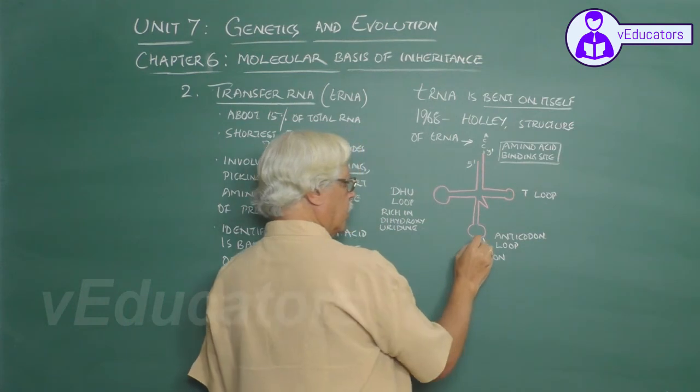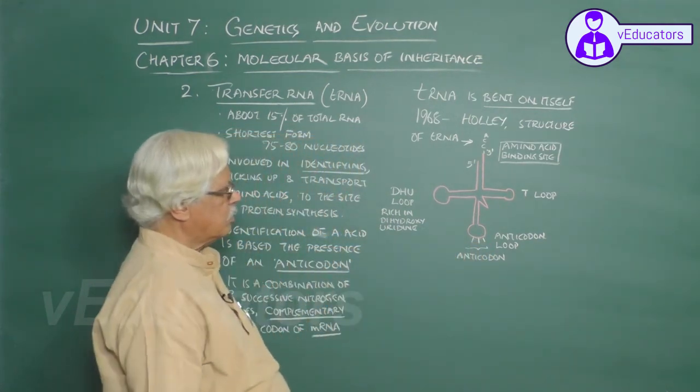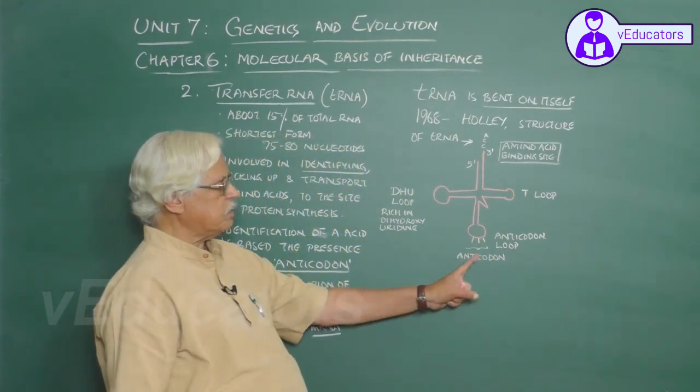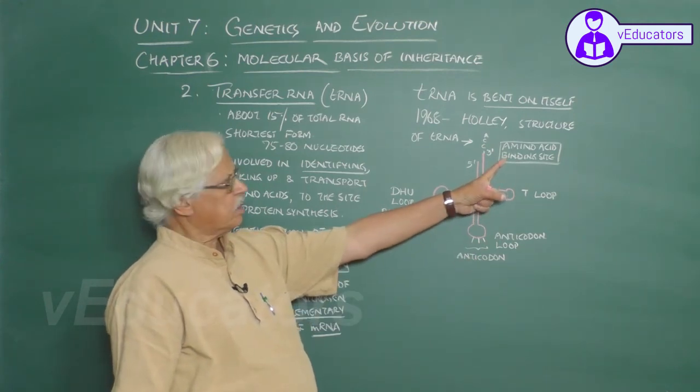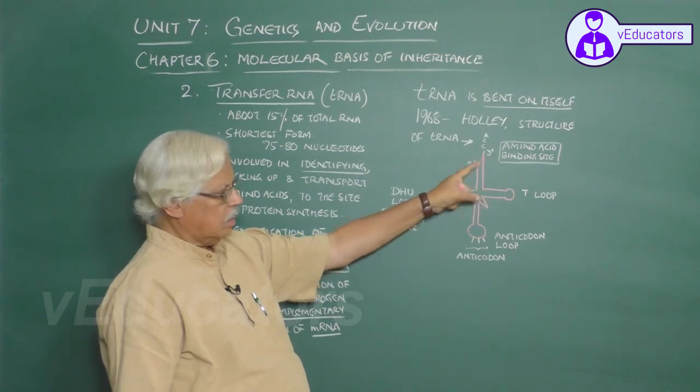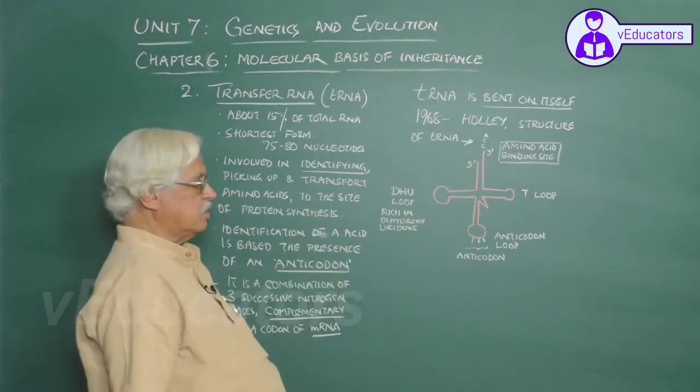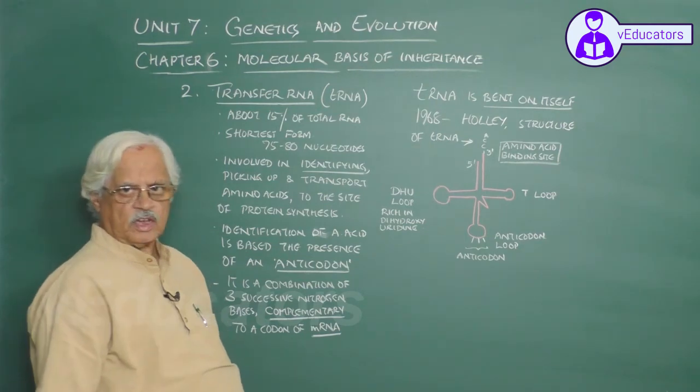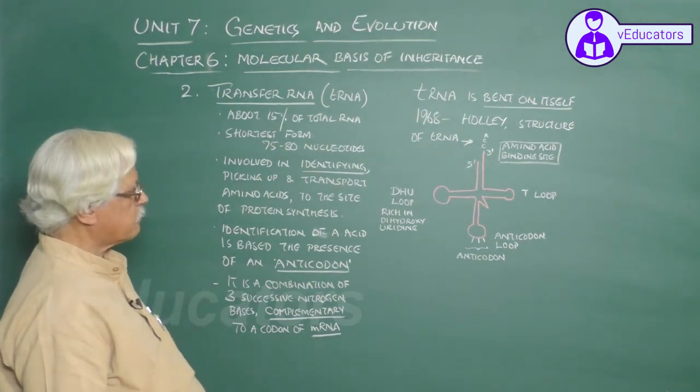This is the anticodon site. So based on the anticodon present, a particular amino acid binds at this region, and tRNA transports that amino acid to the site of protein synthesis.